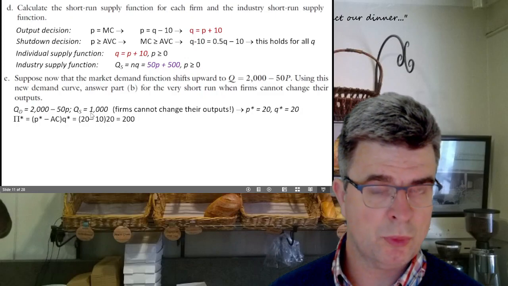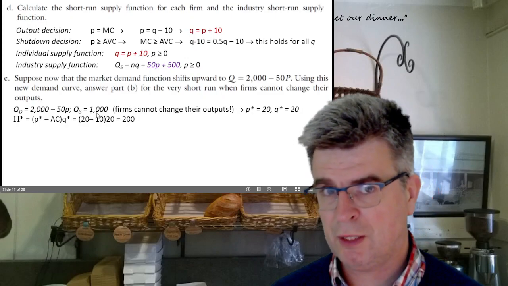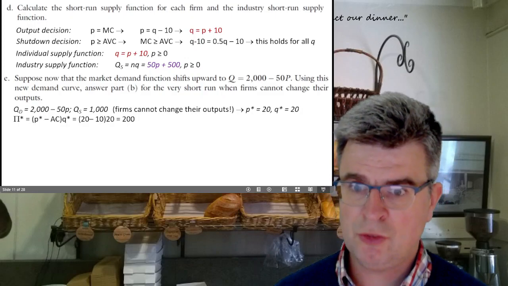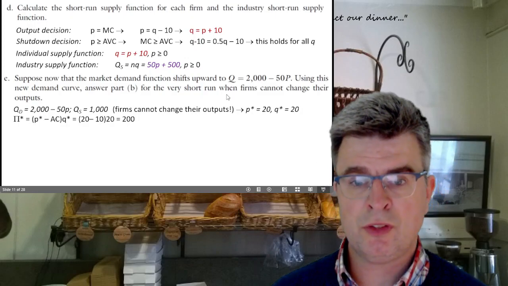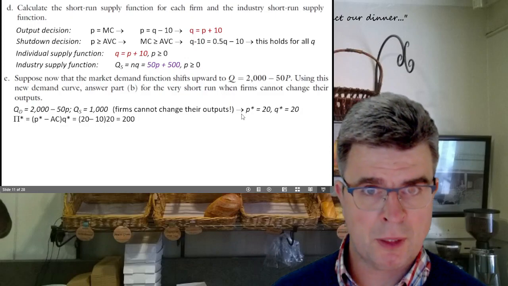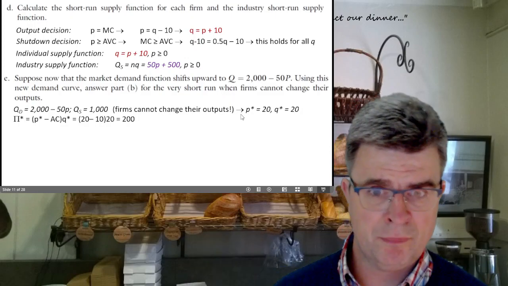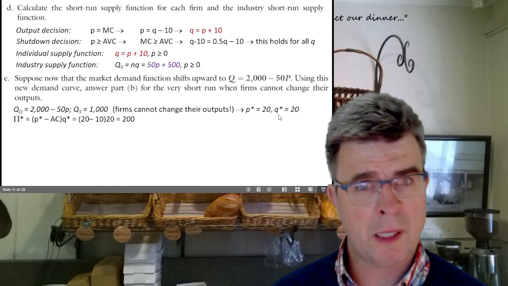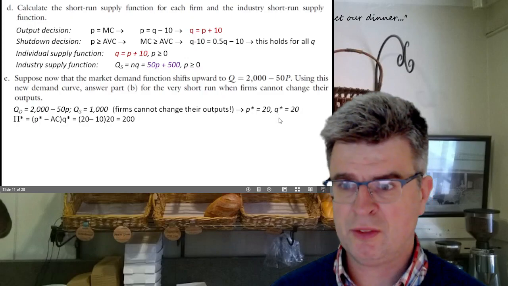Supply is equal to 1000 because the firms cannot adjust. We have 50 firms producing a quantity of 20 each. So in the very short run, the equilibrium price will adjust upward to a new level of 20, and the quantity supplied by each firm will remain 20.